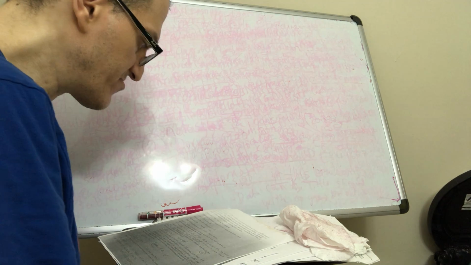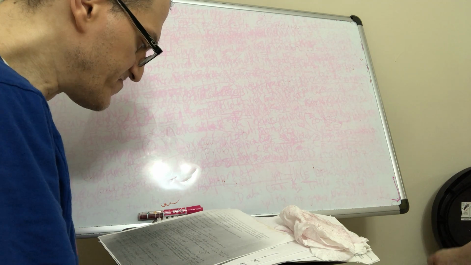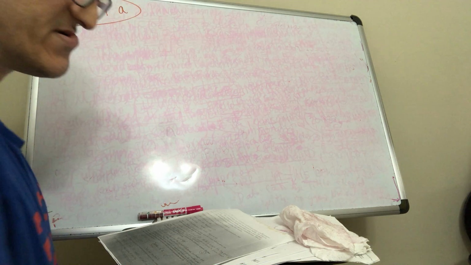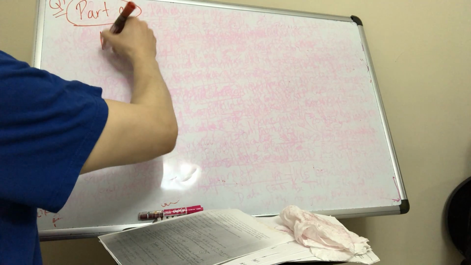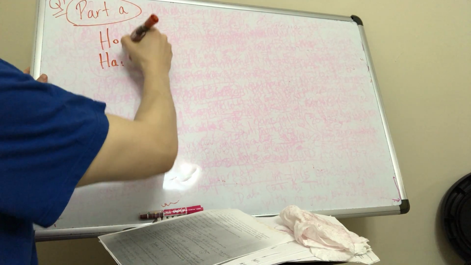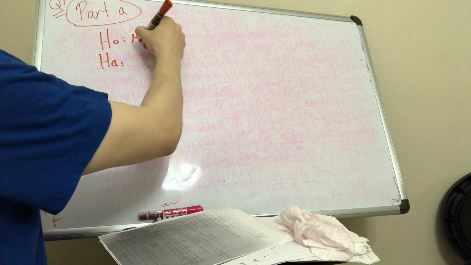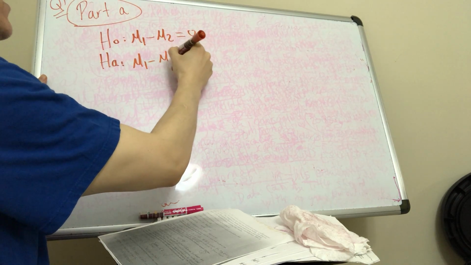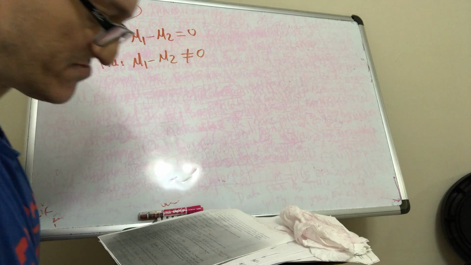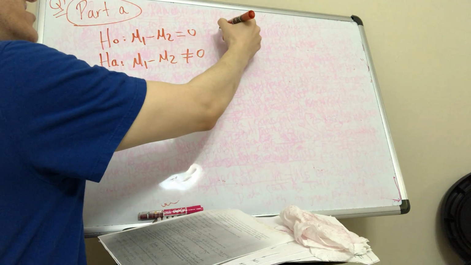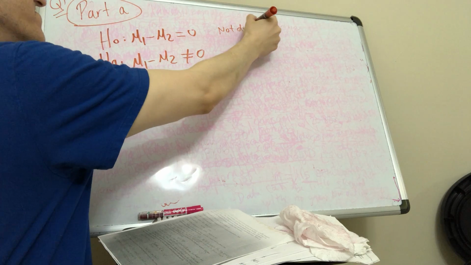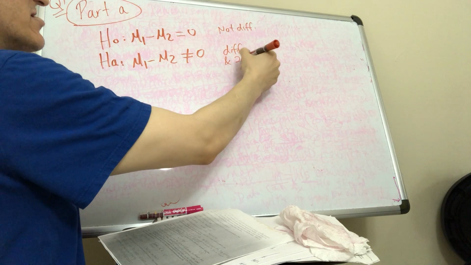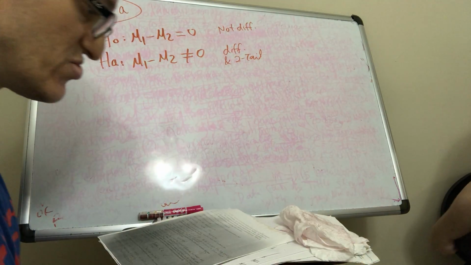Now, we're testing for a difference. So, H0, HA. H0: mu1 minus mu2 equals 0, versus HA: mu1 minus mu2 not equal to 0. H0 means they're not different. HA means they're different. And the not equal indicates that you're doing this problem as two-tailed.